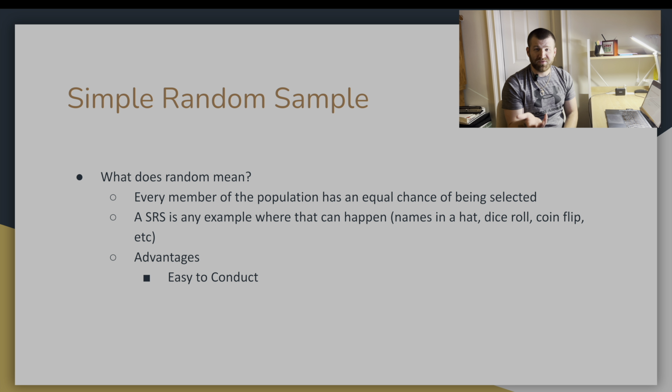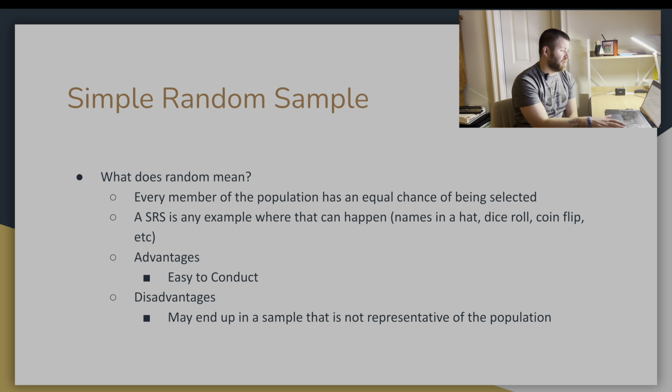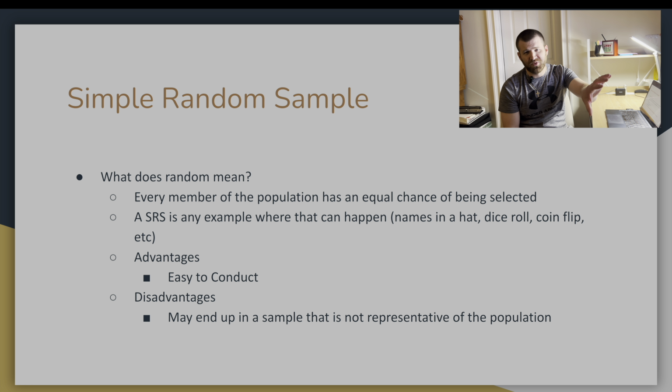This is the easiest way to collect a sample, right? So one of the biggest advantages is that it's really easy to do, right? If you have a classroom, you just put everybody's name in a hat and pick out a name. The drawback, though, is that because we are just picking at random, you may end up with a sample that isn't necessarily representative. Let's say you have a population that is very high percentage one group and very low percentage another group.